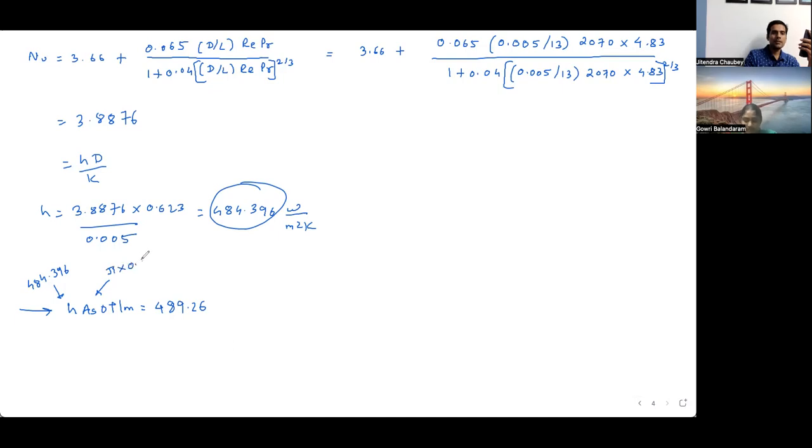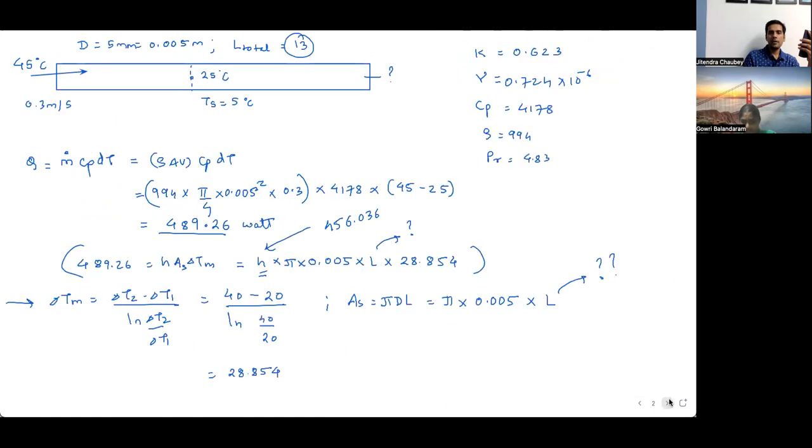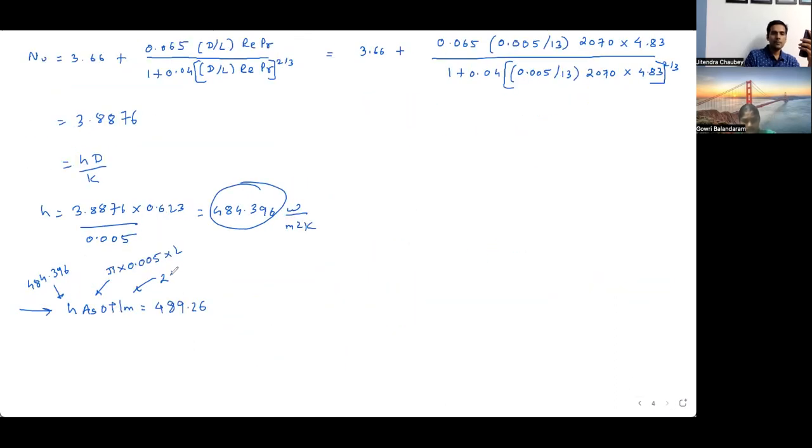Diameter 0.005, L, delta T LM was 28.854. Okay, let's calculate L. L would be 489.26 divided by pi into 0.005 into 28.854.